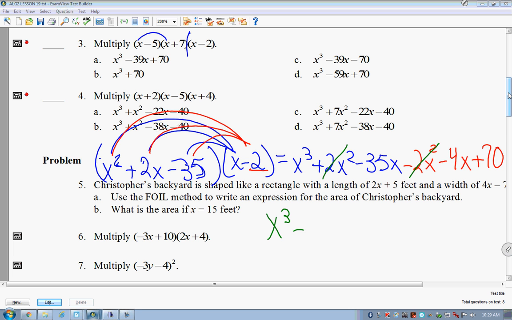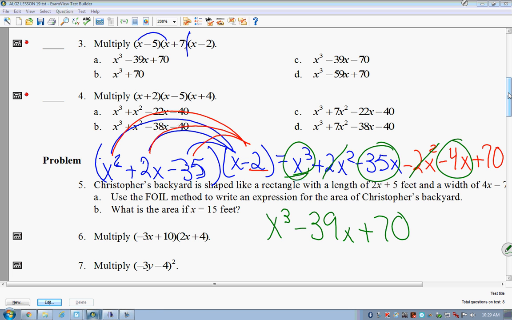Yeah, negative 35x and negative 4x becomes negative what? Negative 39x. All right, so we dealt with this, we dealt with this, we dealt with that, right? So just plus 70. Right, and we want those in order with my exponents with the greatest variables first and on down in order from there, correct? All right, so we should wind up with that answer right there.